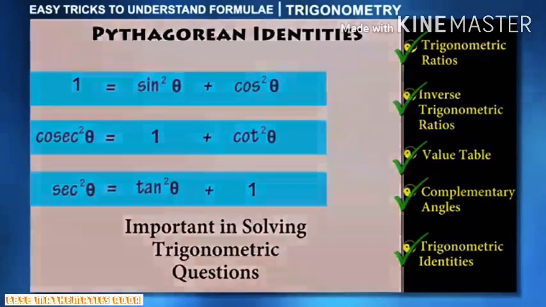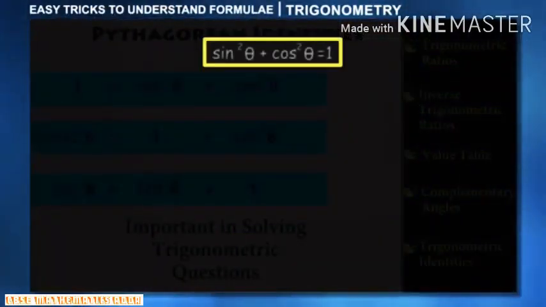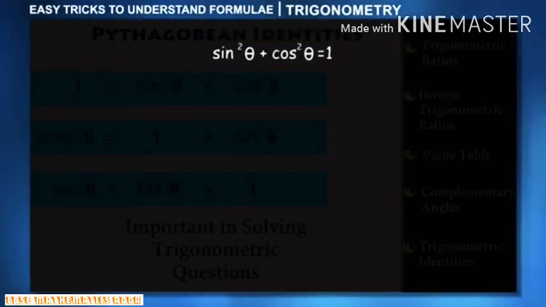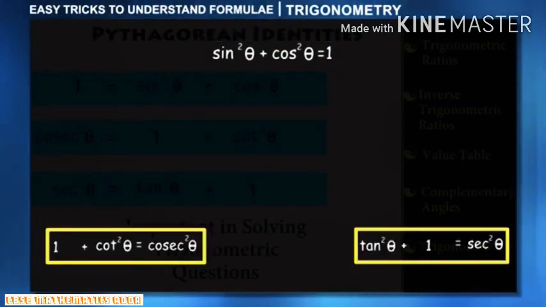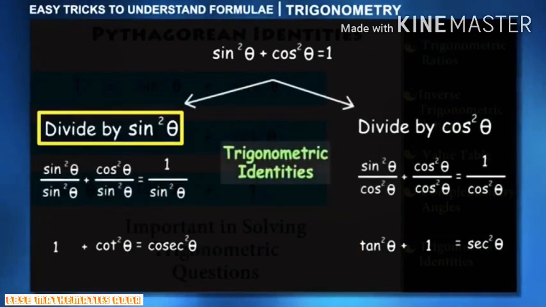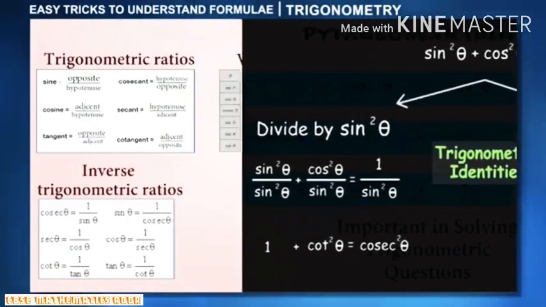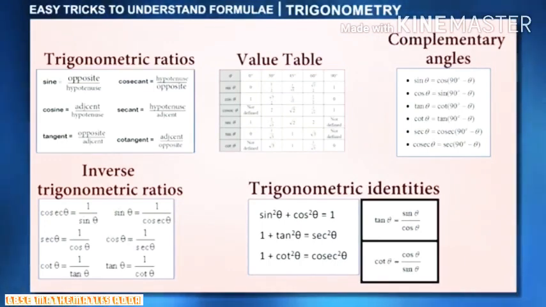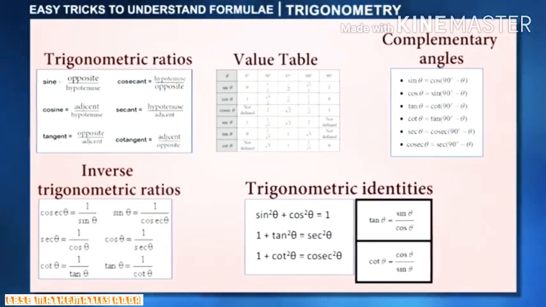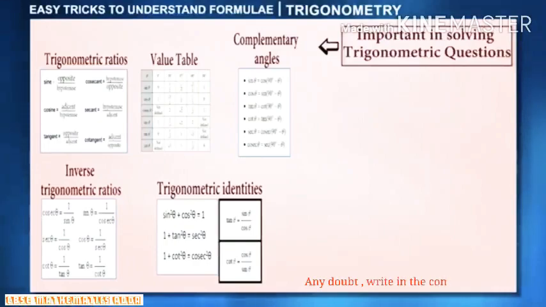And they are very easy to remember because once we know that sine square theta plus cos square theta is 1, then to obtain the other two, we divide this identity first by sine square theta and then by cos square theta. So all the formulae that we learned till now are very helpful in solving the trigonometric questions, especially the identities.